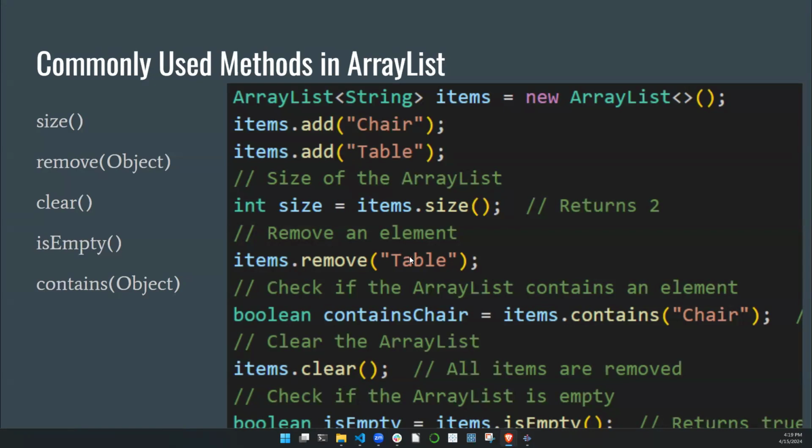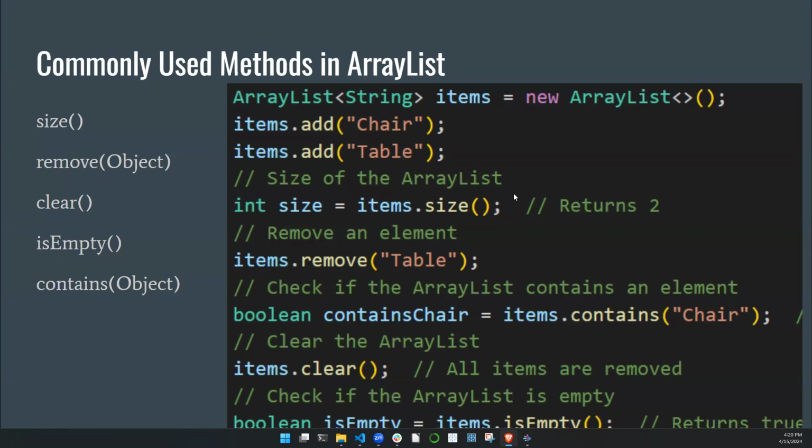We can also see that calling contains returns a Boolean value. If chair exists, then it will return true. If chair doesn't exist, then it will return false.